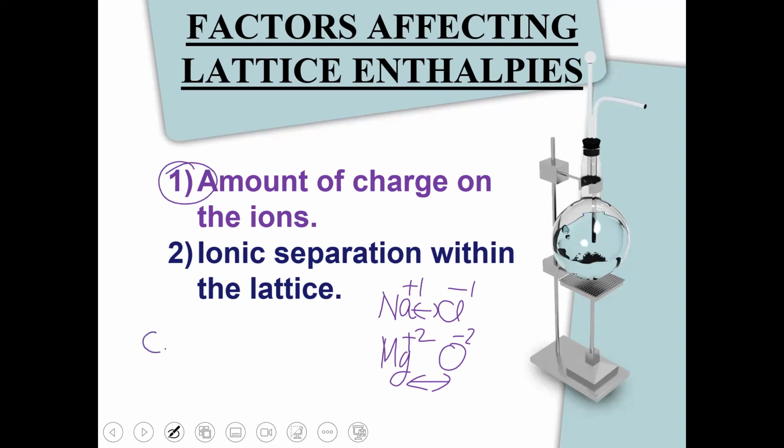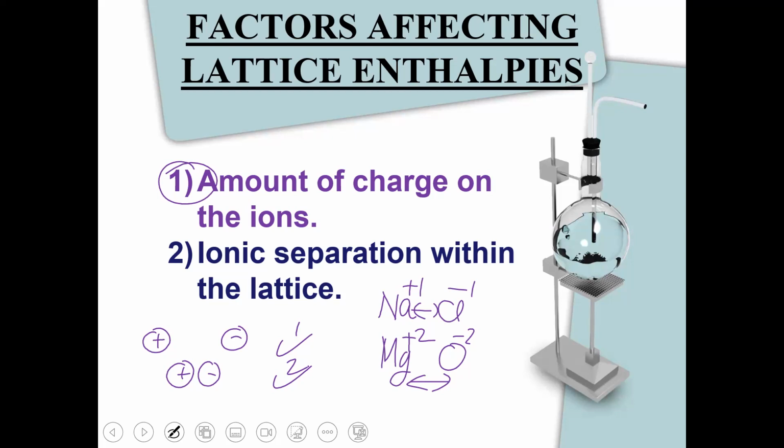The second point is that a positive ion is here and a negative ion is here. In another example, a positive ion is here and the negative ion is here. This is case 1, this is case 2. In case number 2, the ionic attraction is more effective because the charges are close to each other.